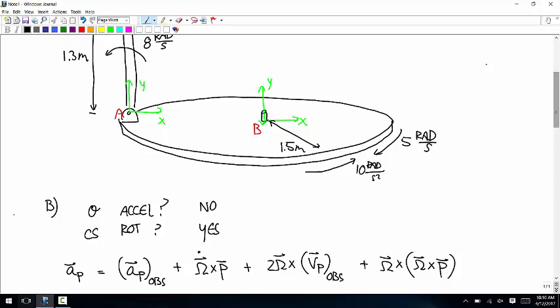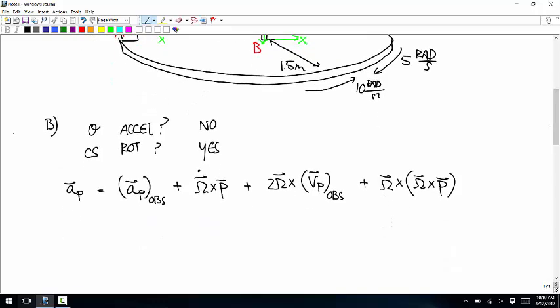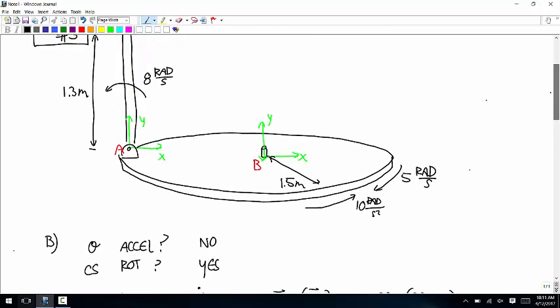All right, so now we just have to find all these values. Well, in this coordinate system, how do we calculate the velocity of P that's observed in the coordinate system? So in other words, you can always think of it as now stop the base rotation, the horse rotation.